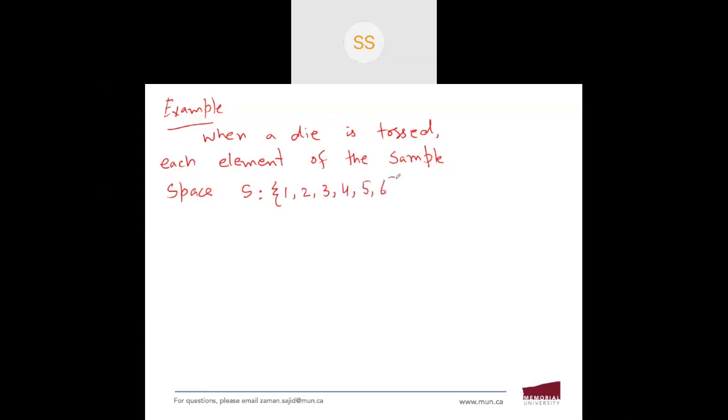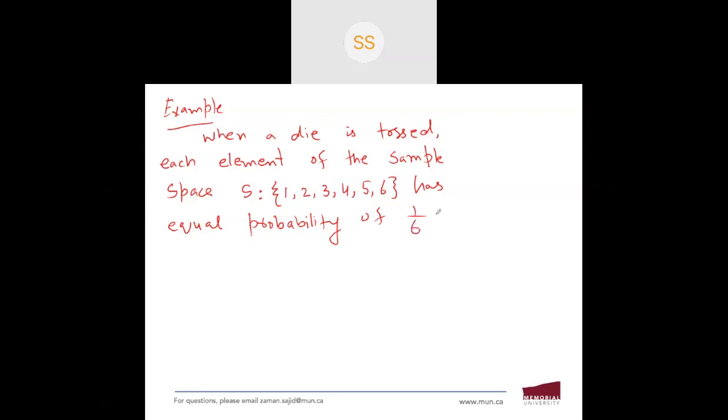This will be the sample space when you toss a die, and each has an equal probability of 1 by 6.